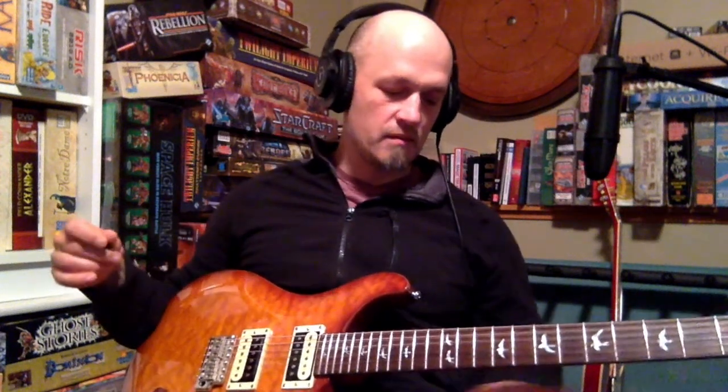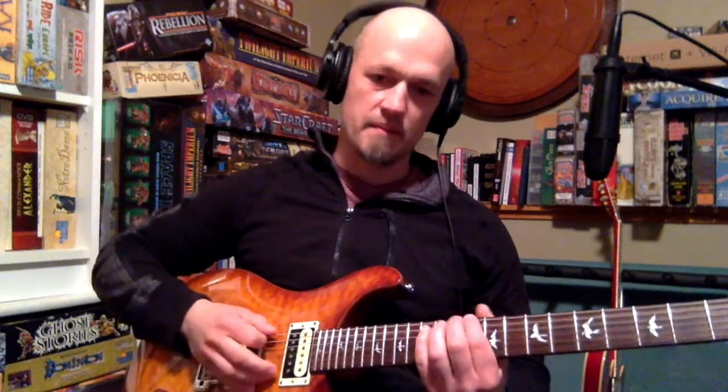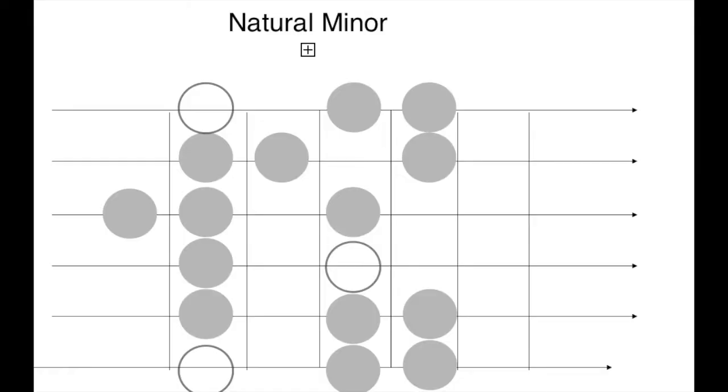D is our root. Now, we already talked about natural minor. Let's go over that scale one more time. It's a whole step to 2, half step to 3, whole step to 4, whole step to 5, half step to 6, whole step to 7, whole step back to 1. Okay?